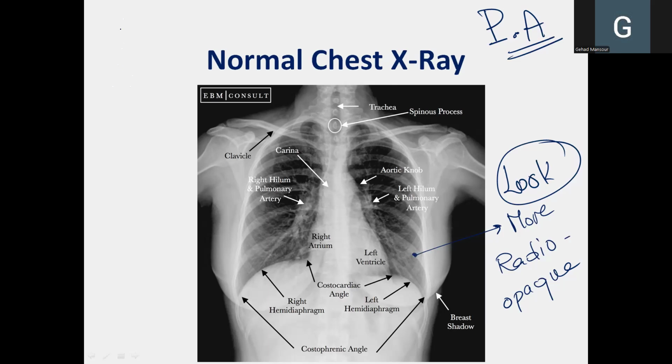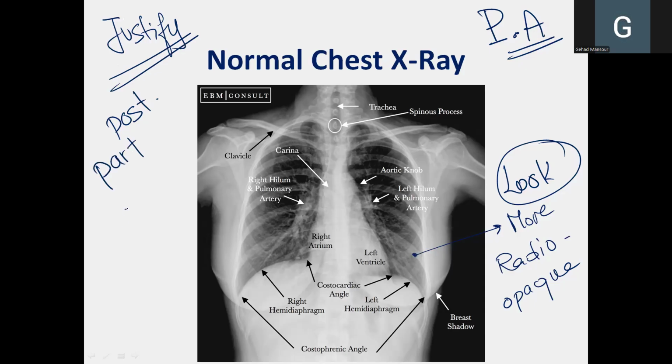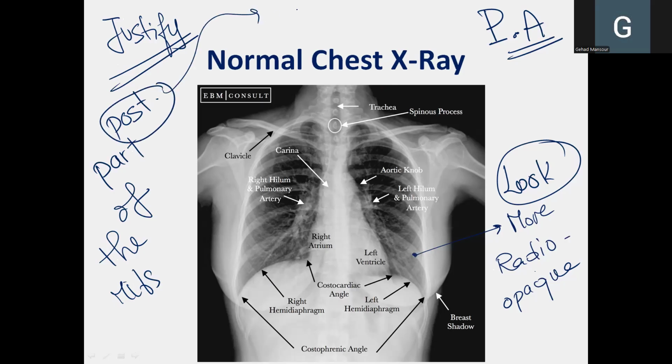They are more or less horizontal. So another question is to justify why is it easier to visualize the posterior part of the ribs, and therefore it is easier to count from posterior because they appear better, they appear more radio-opaque. How can I know the posterior part of the ribs? By being more horizontal.